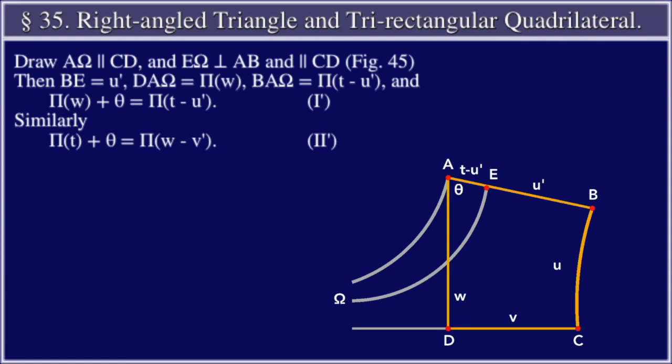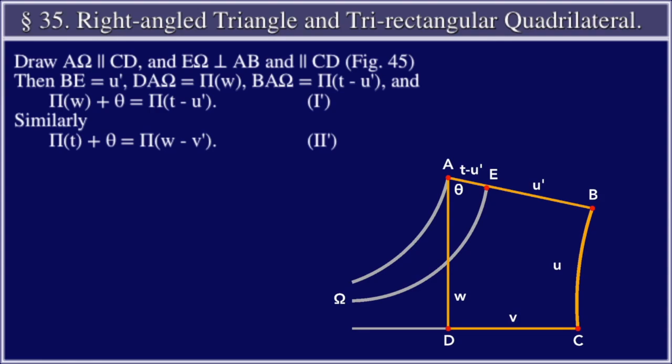DAω is equal to the parallel angle of W. BAω is equal to the parallel angle of T minus U prime, and the parallel angle of W plus θ is equal to the parallel angle of T minus U prime, equation I prime. Similarly, the parallel angle of T plus θ is equal to the parallel angle of W minus V prime, equation II prime.